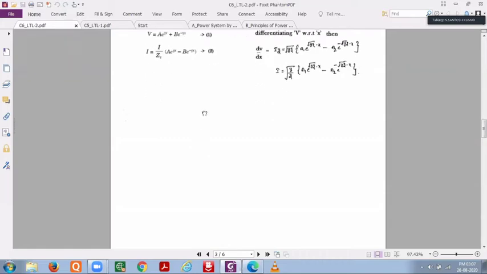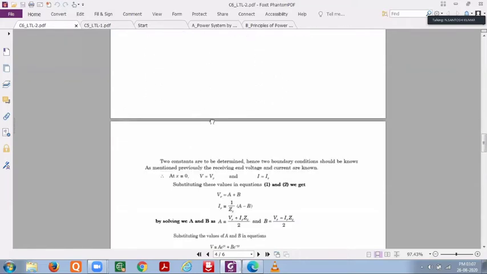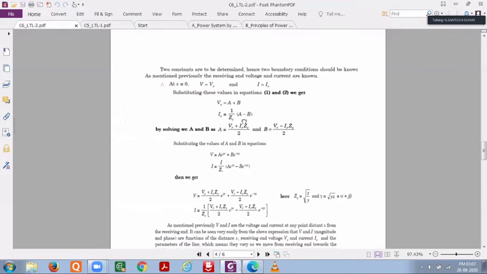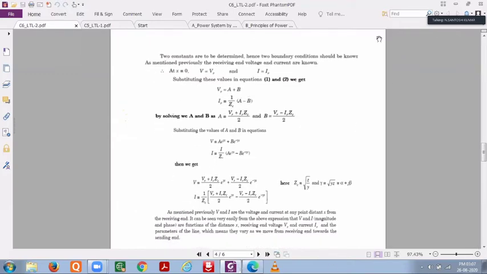To solve this A and B, according to your maths knowledge, we need to apply boundary conditions, right? Boundary conditions. So we are taking this reference end as the receiving end, right? So when we are taking the receiving end as a reference, definitely the distance will be 0, right?